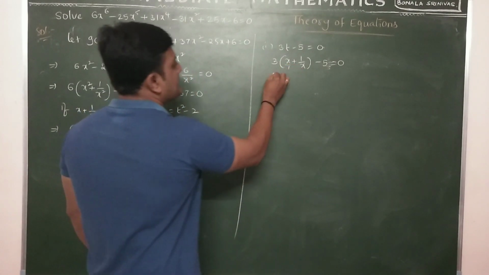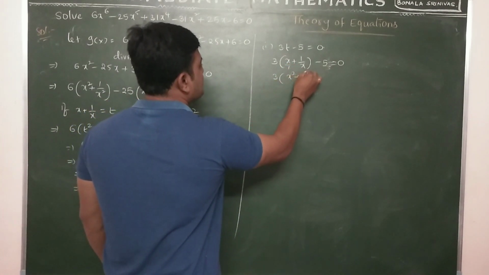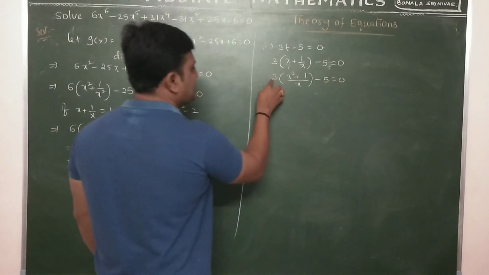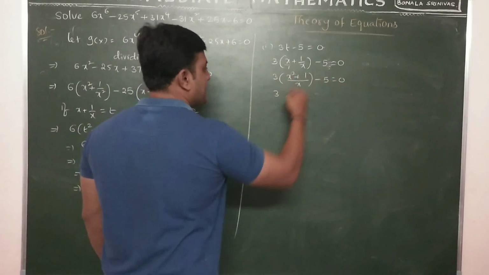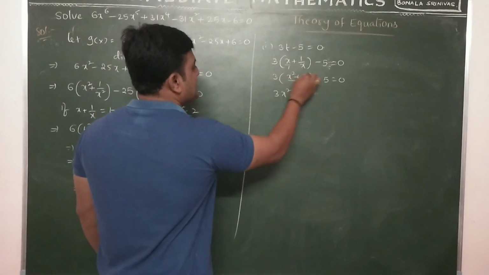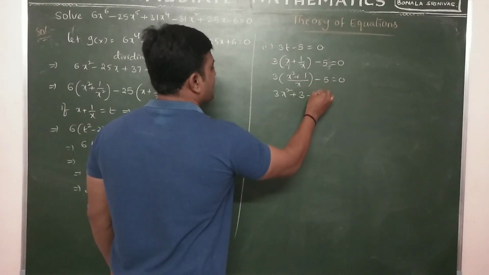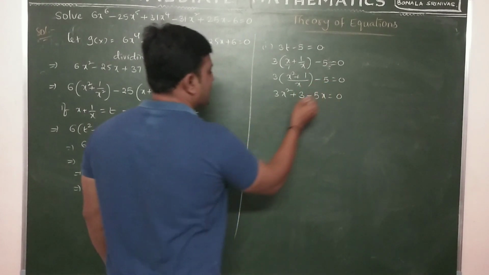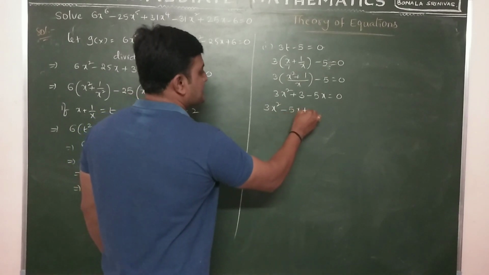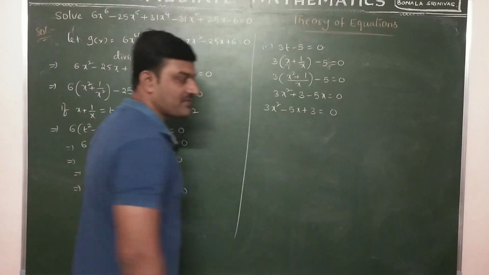Now 3 into x square plus 1 by x minus 5 equals 0. Multiplying the total equation with x, we get 3x square plus 3 minus 5x equals 0. Now writing in order, 3x square minus 5x plus 3 equals 0.